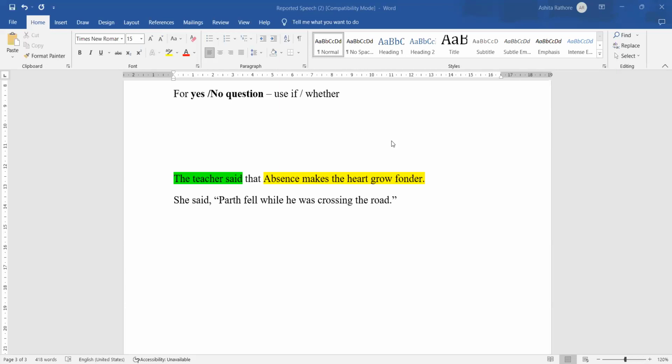Yes, very quickly. She said that Parth had fallen while he had been crossing the road. Is it? Okay, all right. Let's wait for others also to answer. Priyanka, you're not audible, dear. Can you please use the chat box? He said that Parth had fallen when, okay.